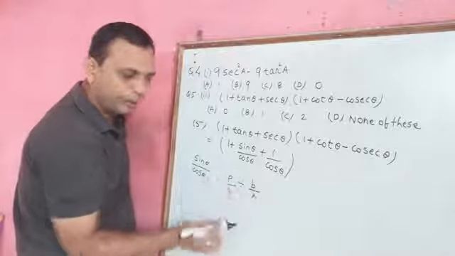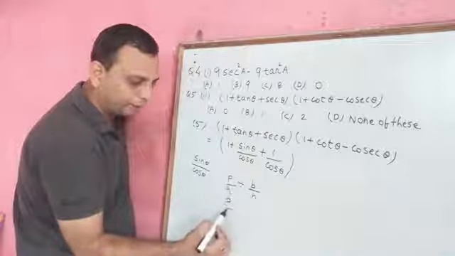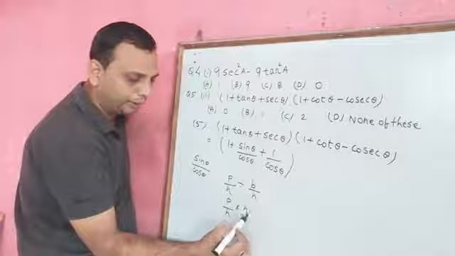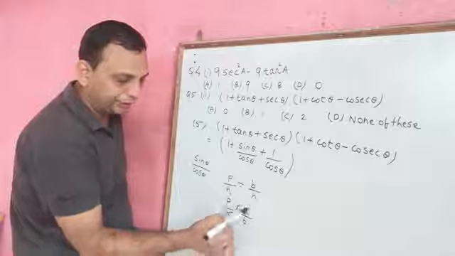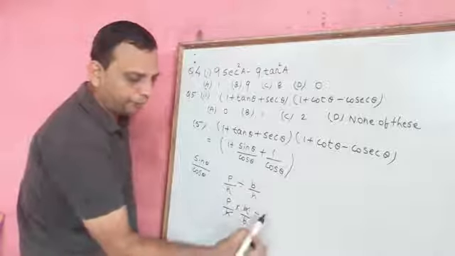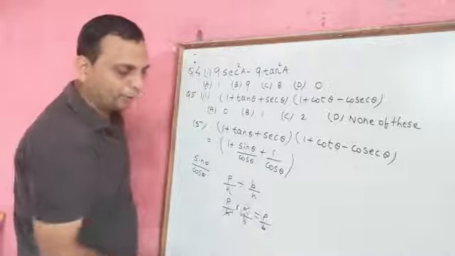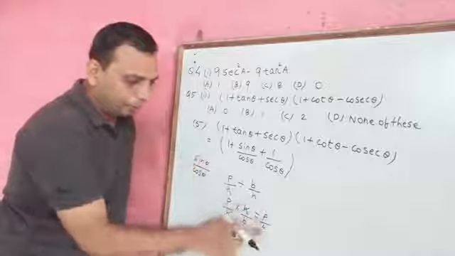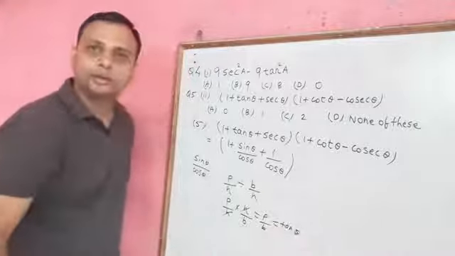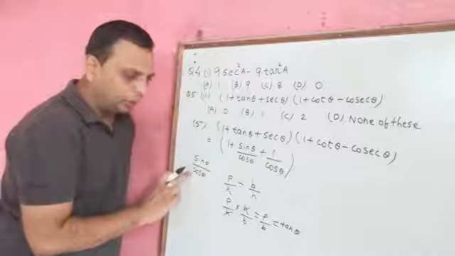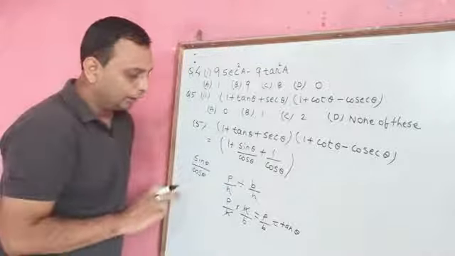So when we remove the divide sign, multiply will come, h will go up and p will come in the denominator. This h and h cancel. So we get p upon b. So sin upon cos, that is p upon b, is equal to tan theta.